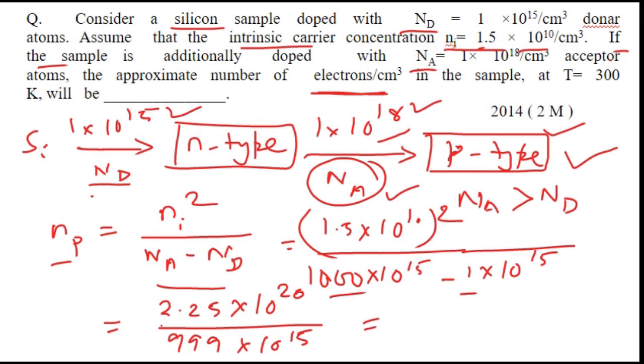So by calculation the answer is approximately 225 per centimeter cube. So this is our electron concentration inside the p-type semiconductor.